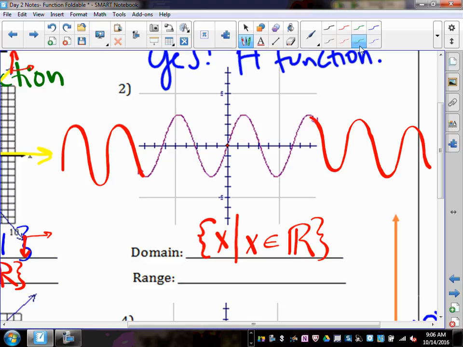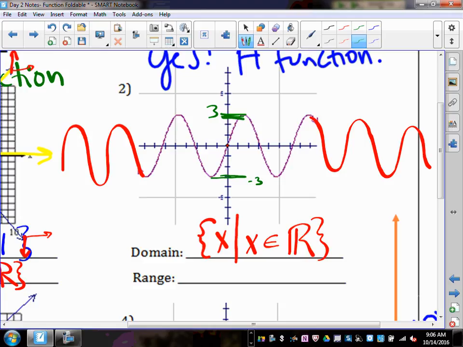Now your range is a little different here. When I go from bottom to top, least to greatest, when does my graph start? Right here. What is your y value there? Yeah, -3. And then as I move up, I still have my graph, and what's the highest point? Yeah, positive 3.